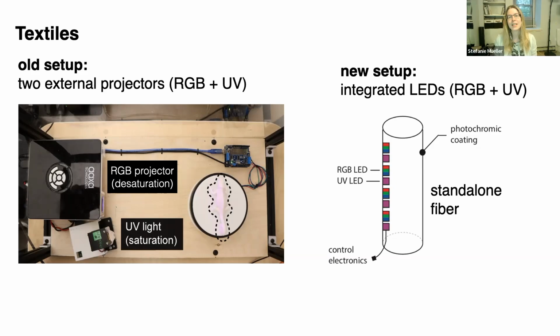Then we also have a tiny UV LED integrated into the fiber, which replaces the UV light source. And around the fiber, we apply our photochromic coating so that when the LEDs are turned on in specific lengths, the photochromic coating on the outside changes its color.